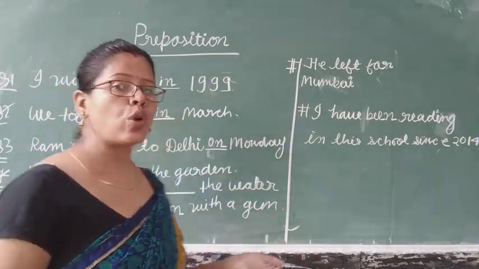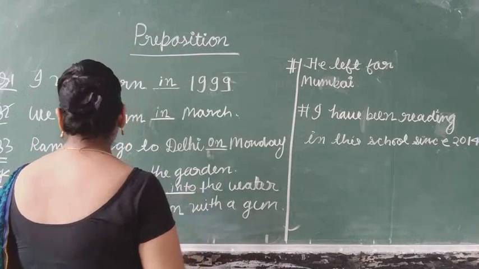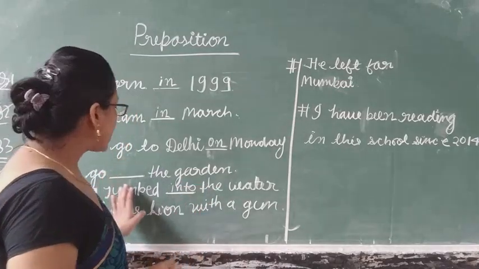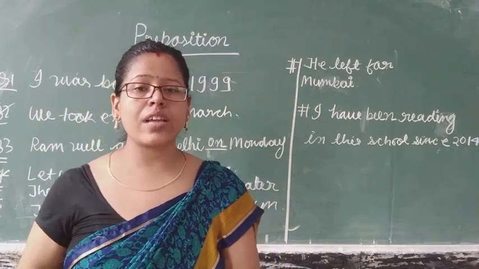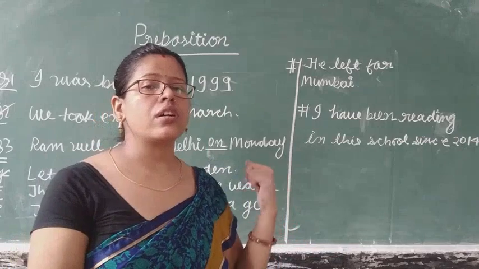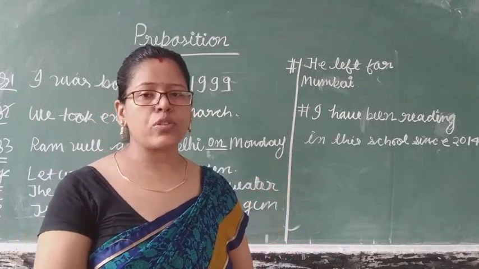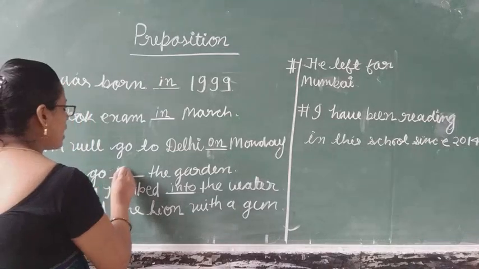So we use the preposition into here. Similarly, let's go into the garden. That means we are outside and we want to go inside the garden.